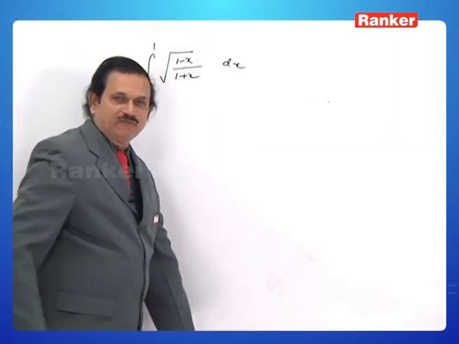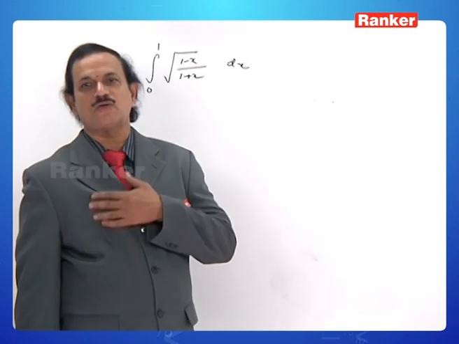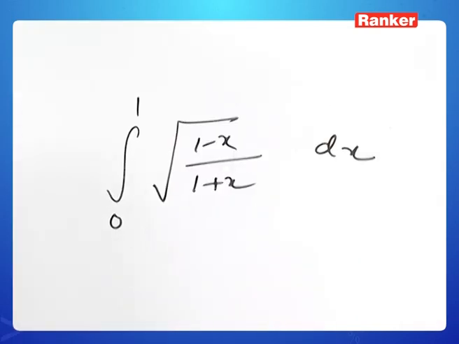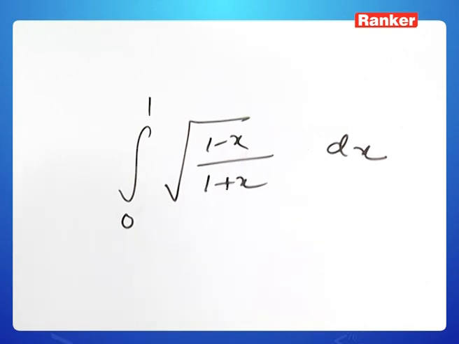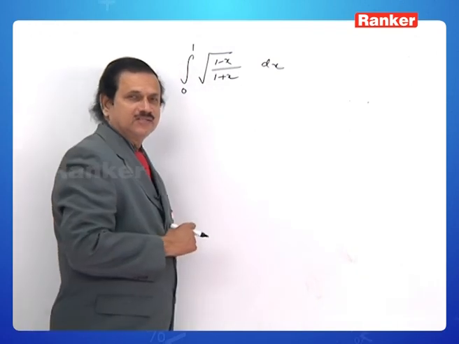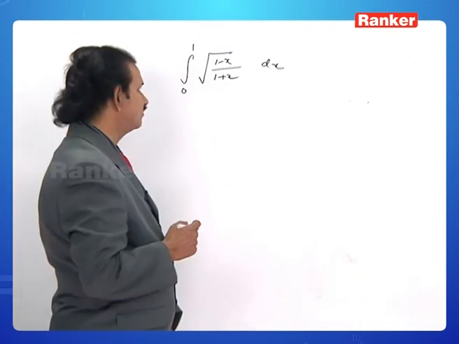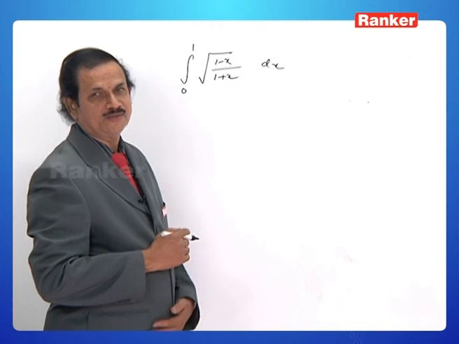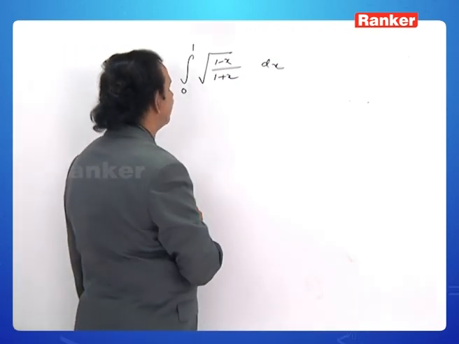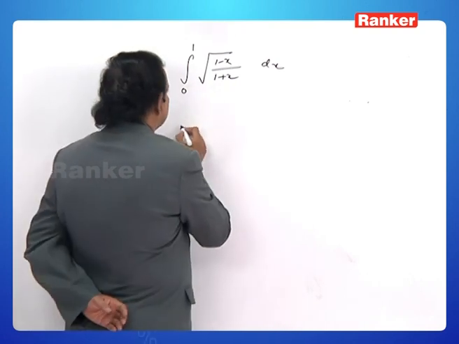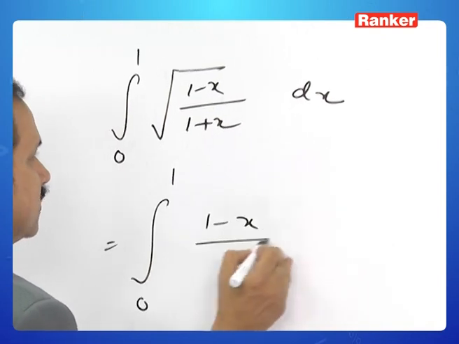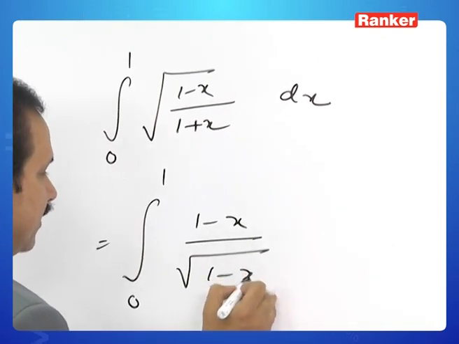The next problem before us is integral 0 to 1 root of (1 minus x) by (1 plus x). Can you use the property with a minus x, x minus a and b minus x? You cannot use that. Therefore, this can be taken as integral 0 to 1 of (1 minus x) by root of 1 minus x square.